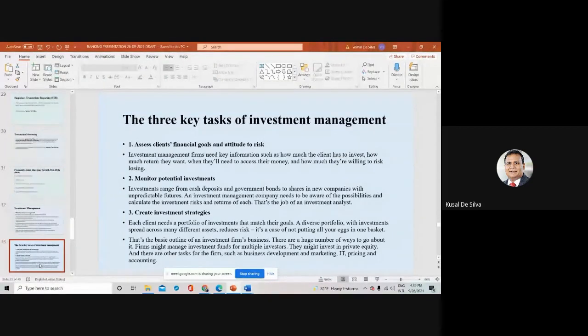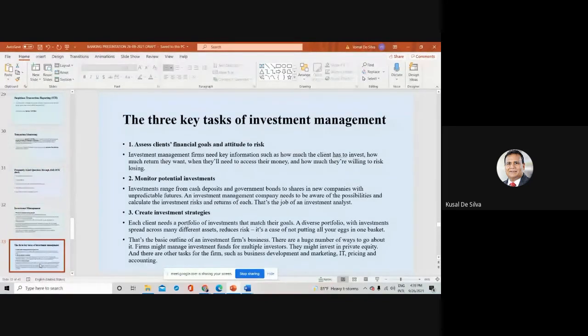Likewise you diversify and ensure that you will not get hit due to a single activity, because the market is such that a lot of macro level factors are at play.